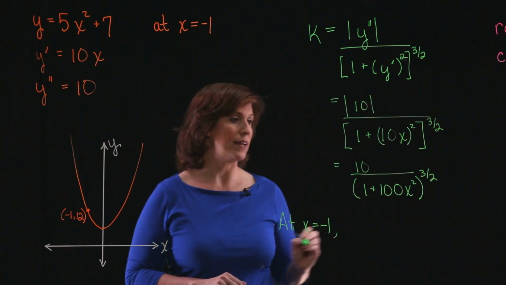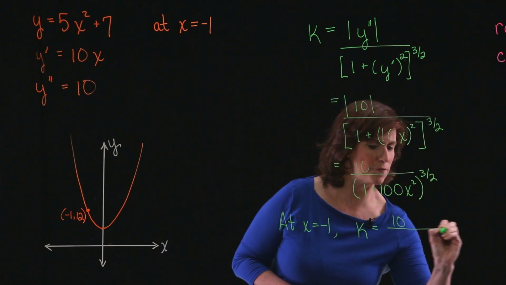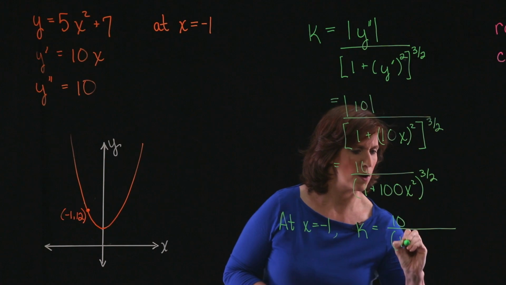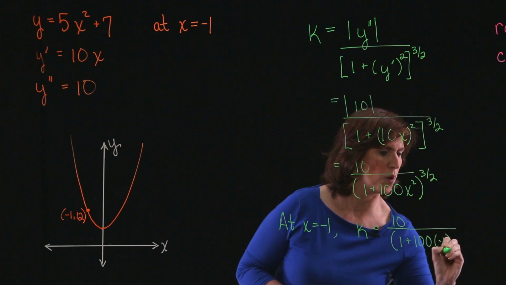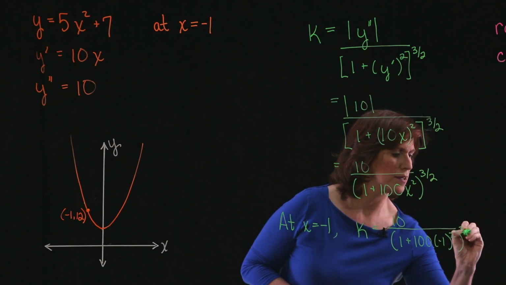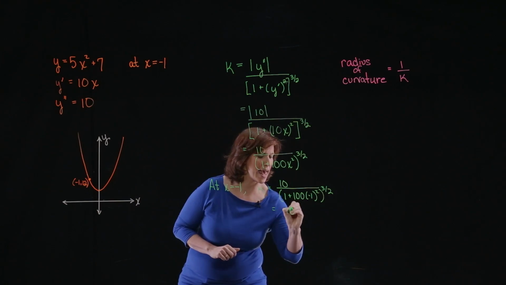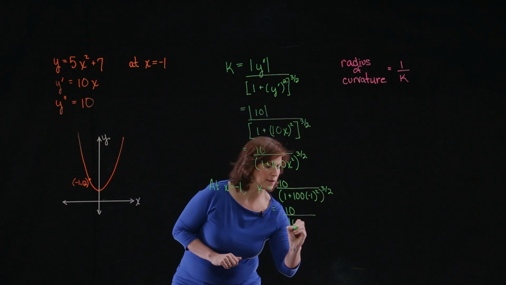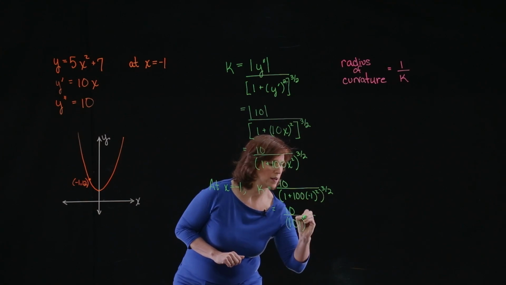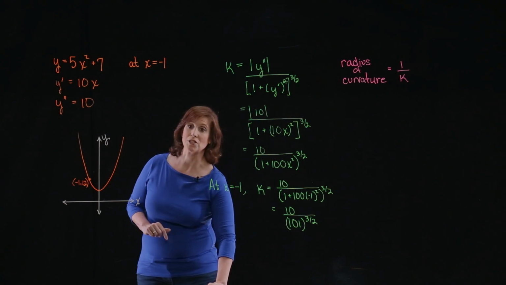So when x equals -1, my curvature is going to be 10 divided by 1 plus 100 times -1 squared to the 3/2 power, which is going to be 10 all over 101 to the 3/2 power. That's the exact answer.